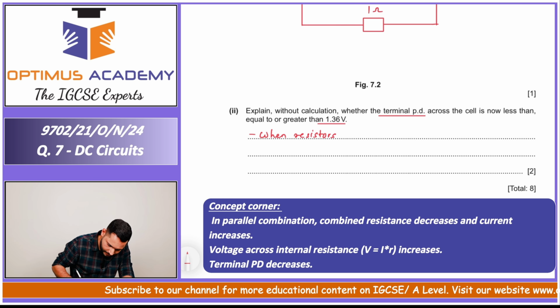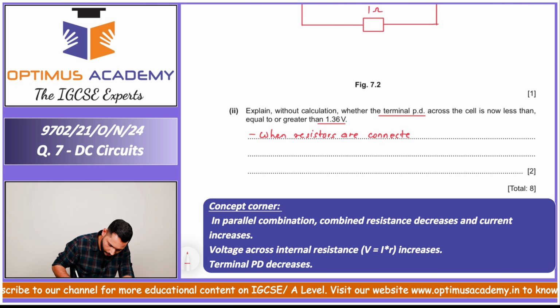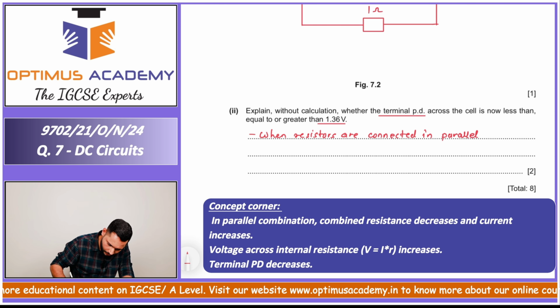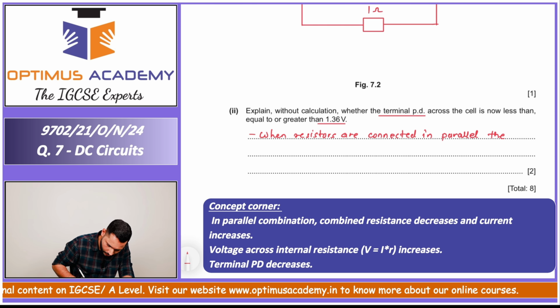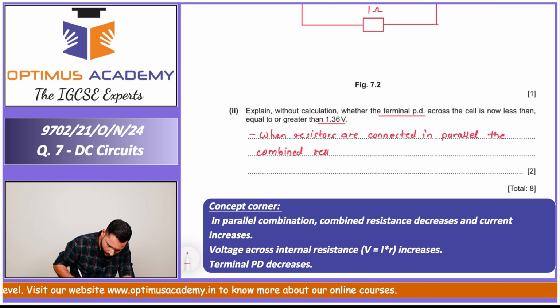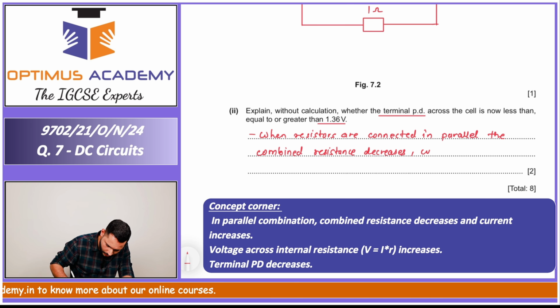When resistors are connected in parallel, the combined resistance decreases and hence current in the circuit increases.